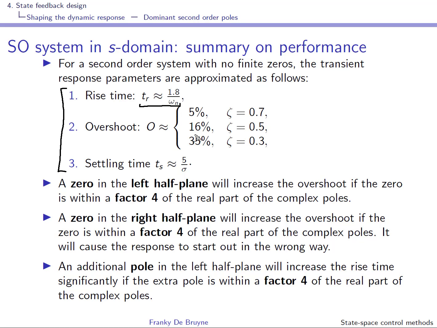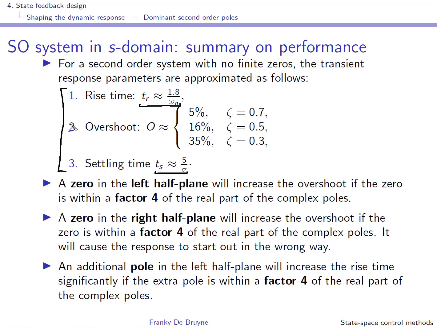Here we have a series of overshoots that correspond, of course, to values of the damping ratio zeta, and the settling time Ts is approximately given by this equation, 5 over the real part of the dominant poles.